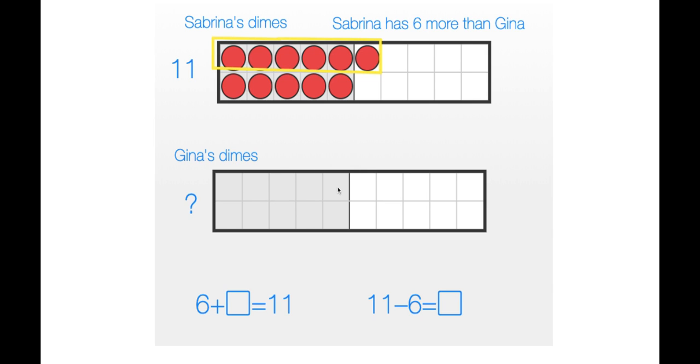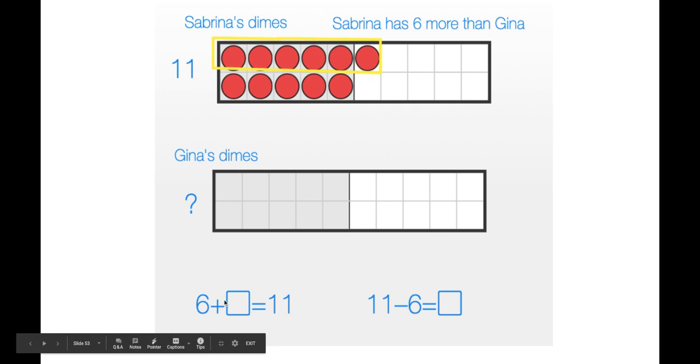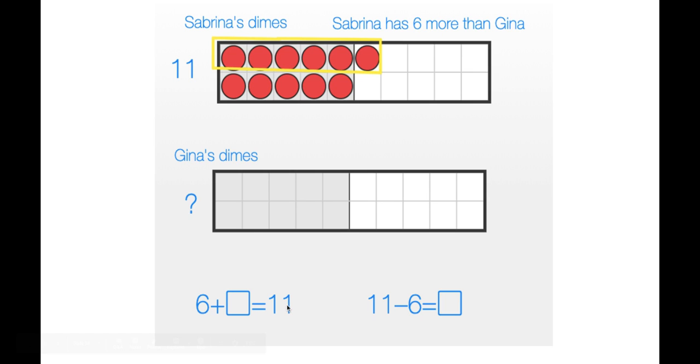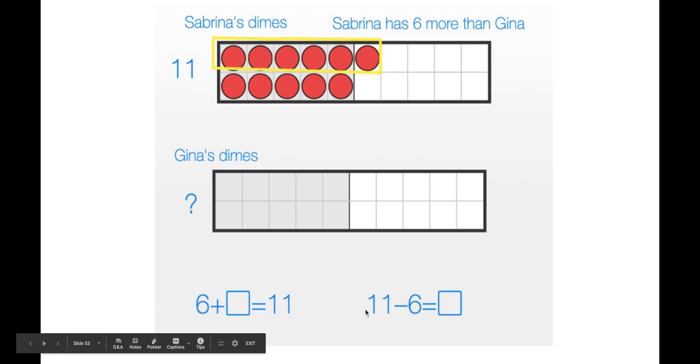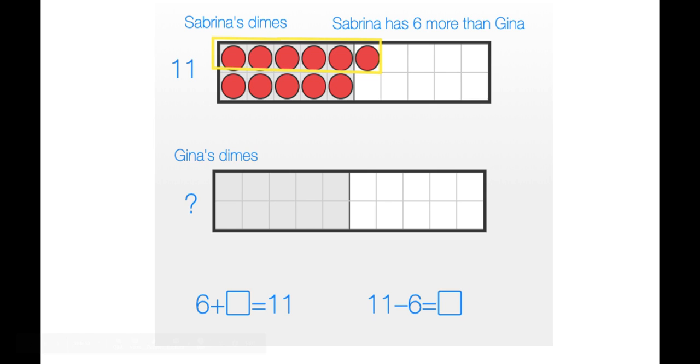And we can check that because we know 6 plus 5 equals 11. If Gina has 5 and Sabrina has 6 more, you can add those two quantities together and get 11. Or we can take 11, how many Sabrina has total, and subtract how many more she has than Gina. 11 minus 6 equals 5. If you have any more questions, please let your teacher know.